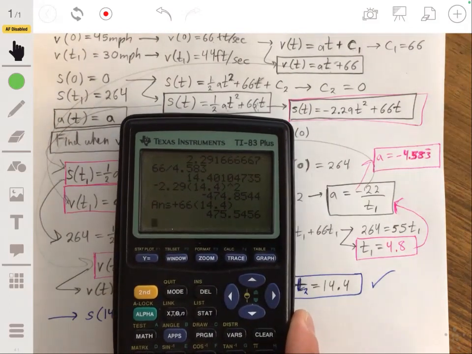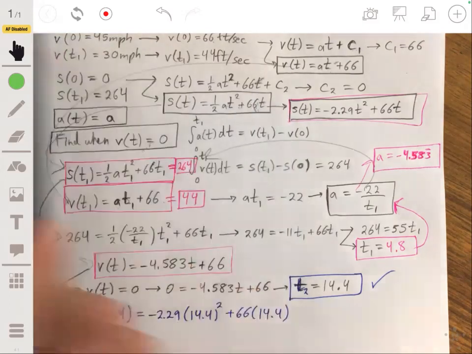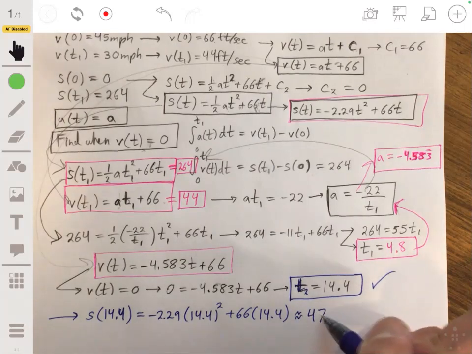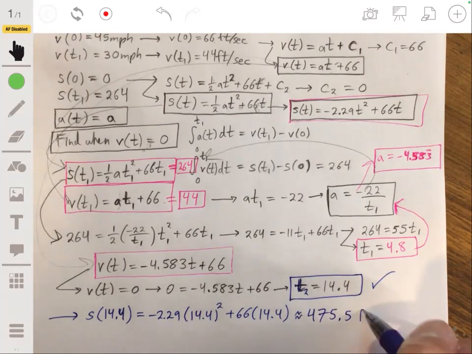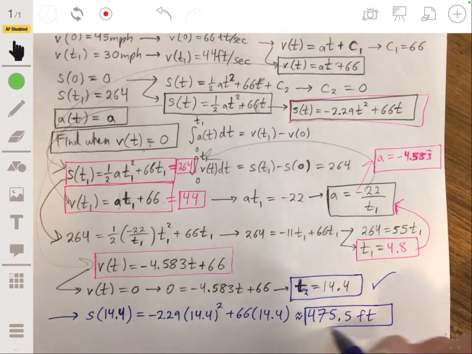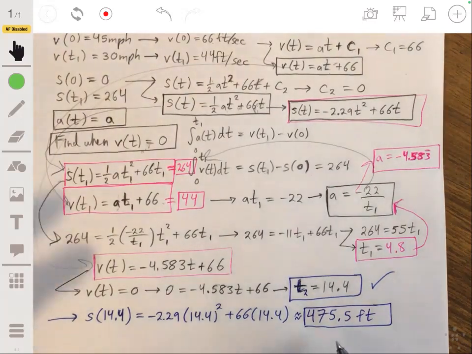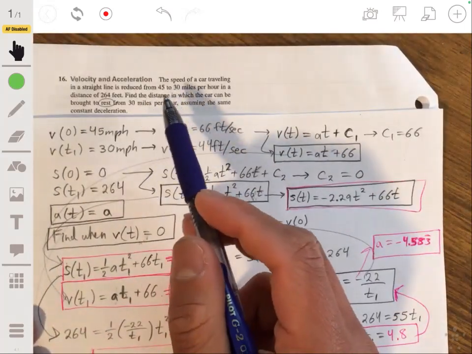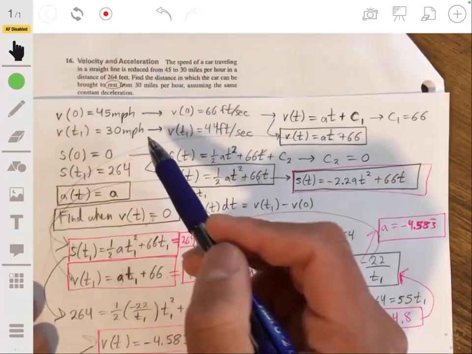We're going to get that it goes about 475.5 feet. So it goes a total of 475.5 feet from the initial position, from 0.